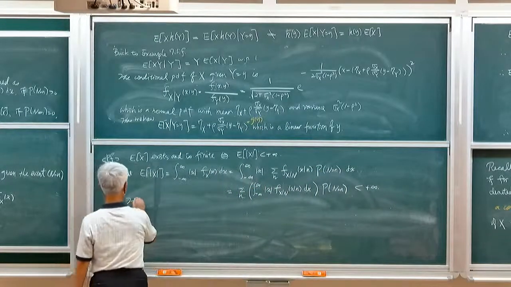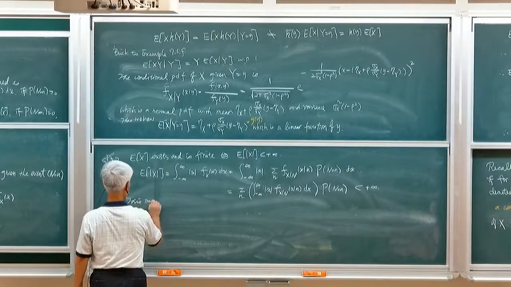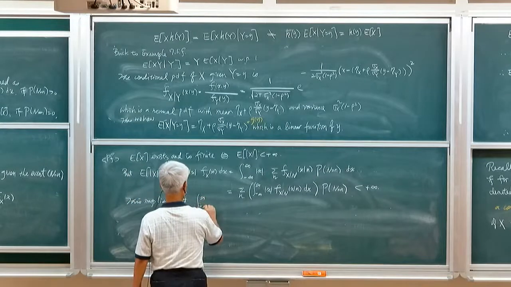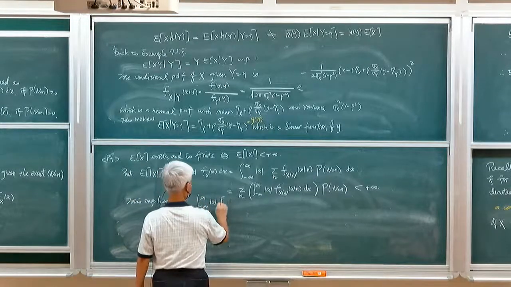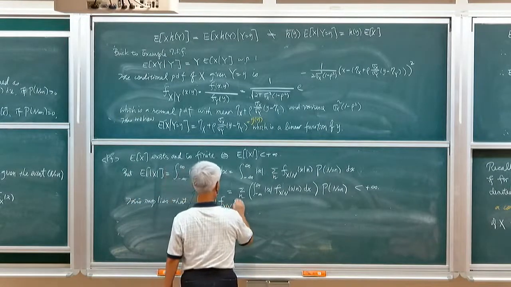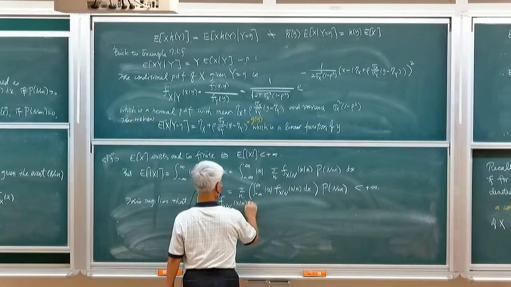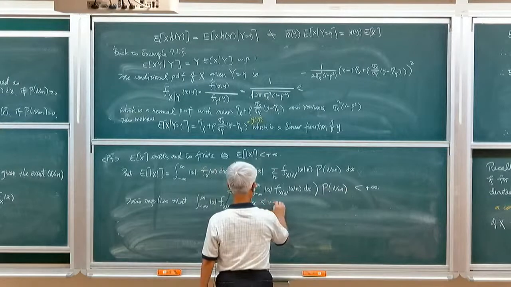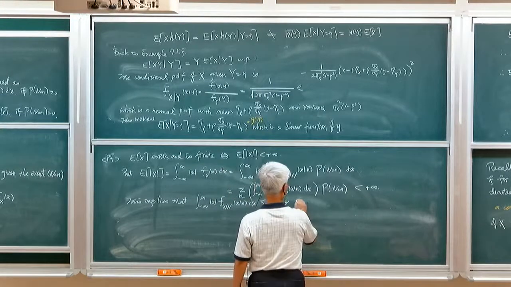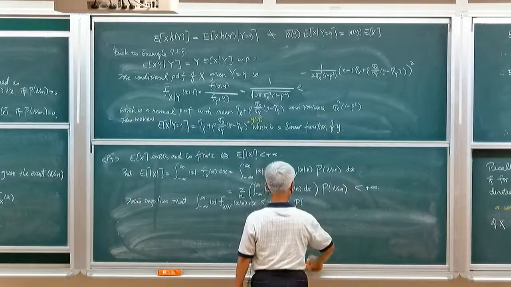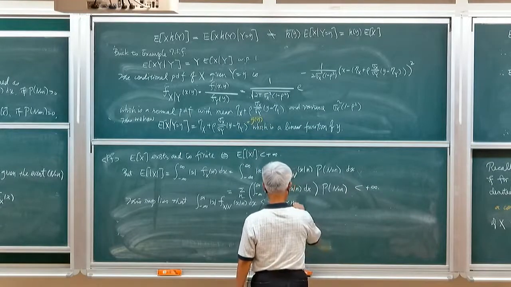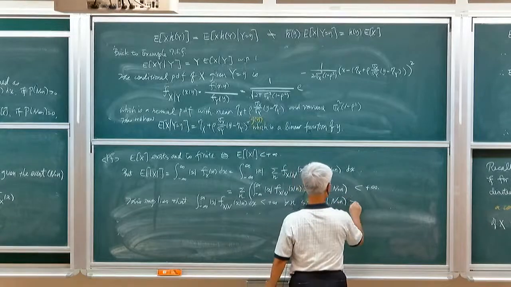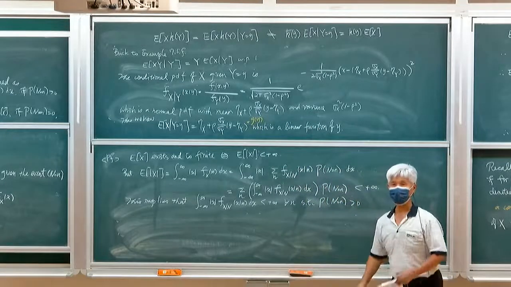And so this implies that this integration should be finite for all n such that the probability is positive. Why?